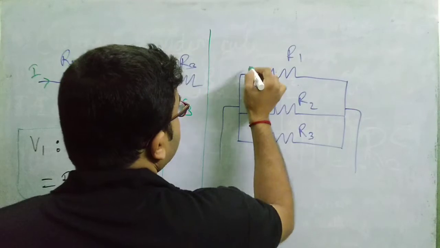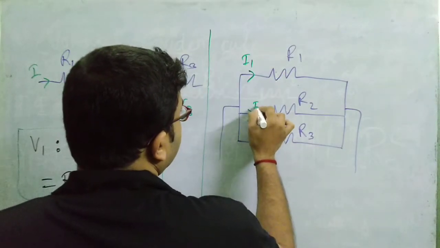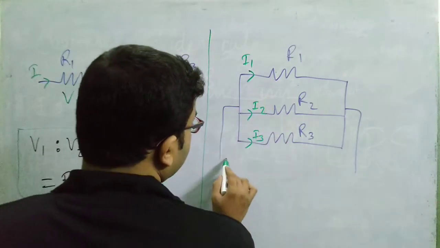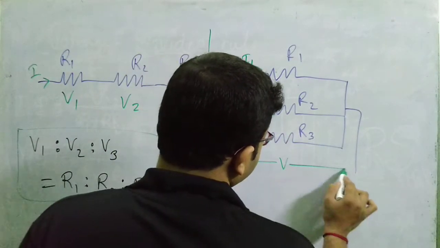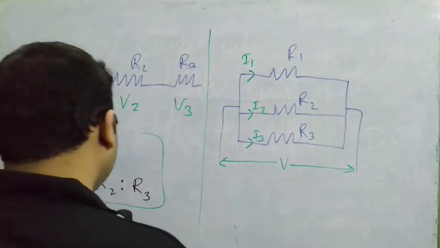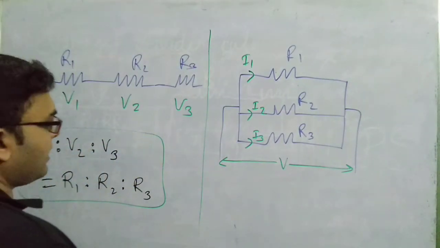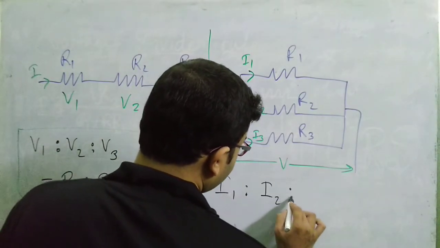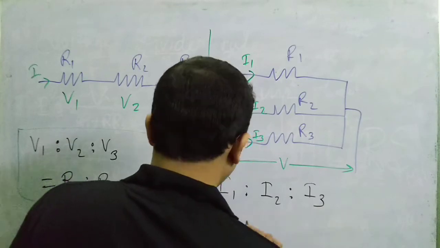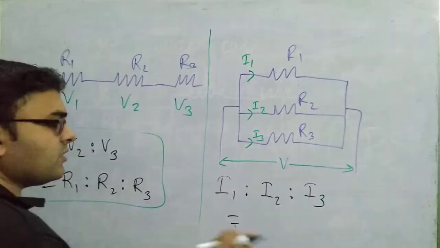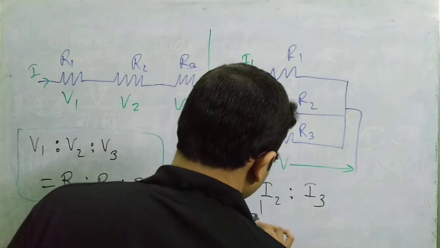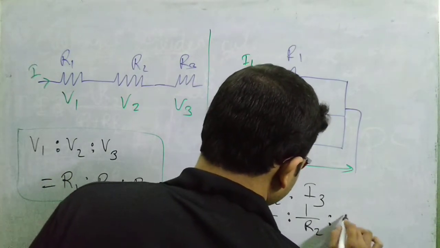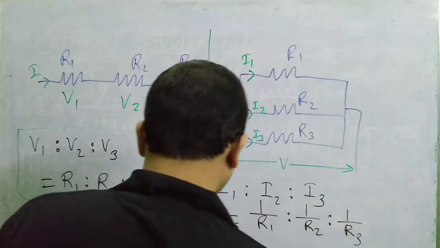The voltage across all these resistors will be the same. So if I consider the current through the resistors as I1, I2 and I3, with the potential across all the resistors as V, then the ratio of the currents I1 is to I2 is to I3 will be nothing but equal to the reciprocal of the ratio of the resistances, that is 1 by R1 is to 1 by R2 is to 1 by R3.